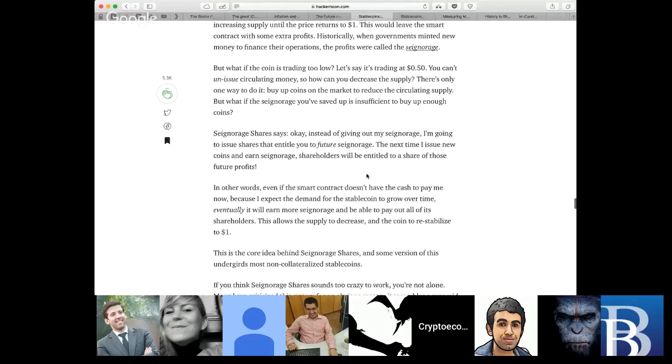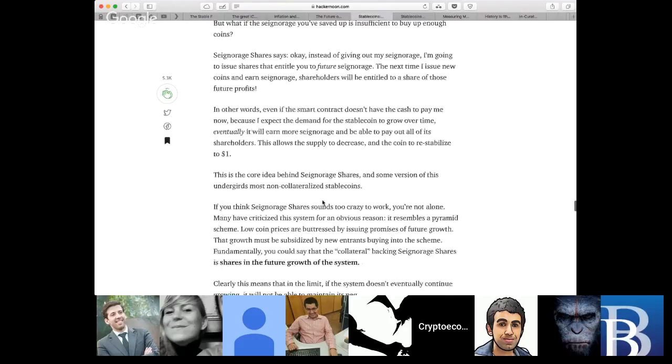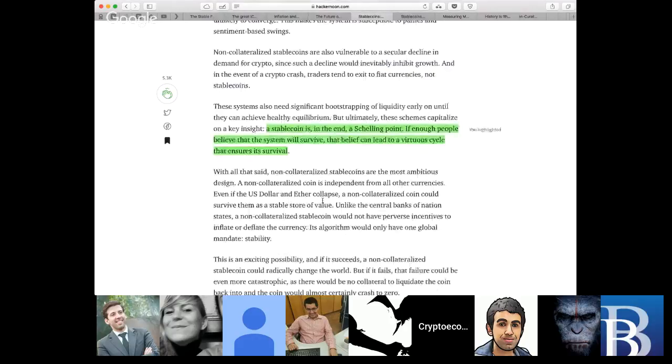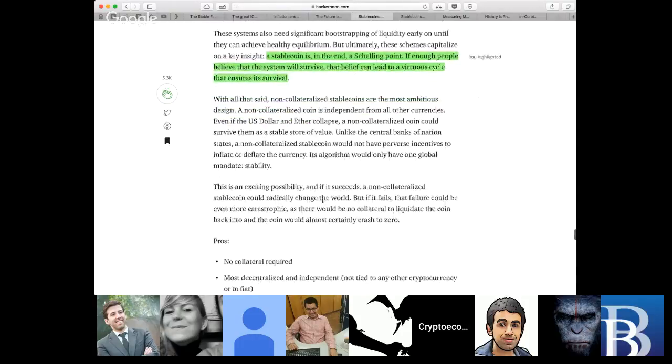But instead of using actual dollars, for instance, or money, what you say is that you write them a check, if you like. So it's a share, a seigniorage share, where they will be able to reclaim that value in the future when the other scenario is occurring, right? So it also has some problems.